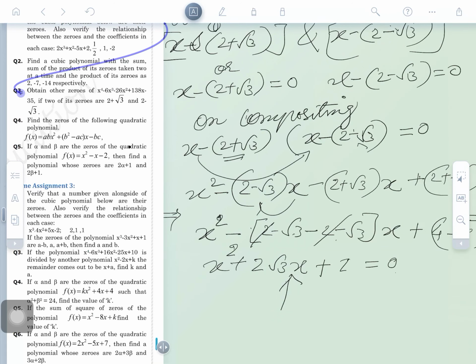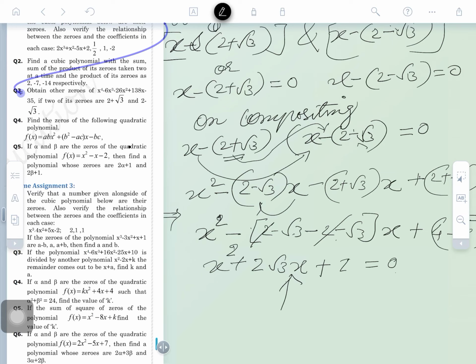On compositing, we have x multiplied to x, and minus of x, then 2 root 3 minus x is there multiplied, and minus 2 plus. The whole is to be distributed here also. First it will multiply to x and then later this.